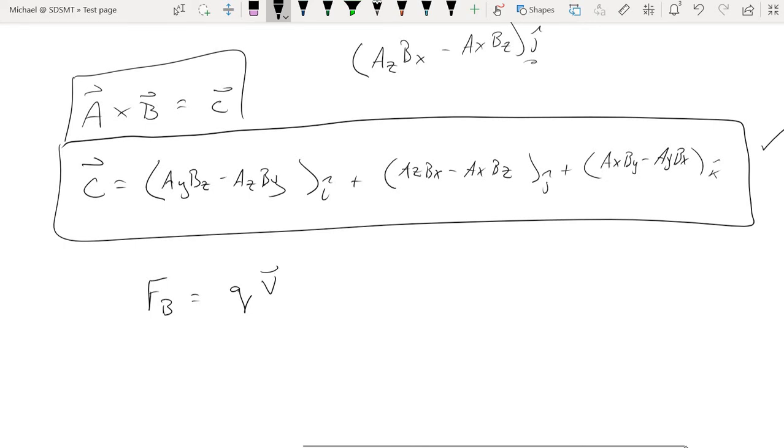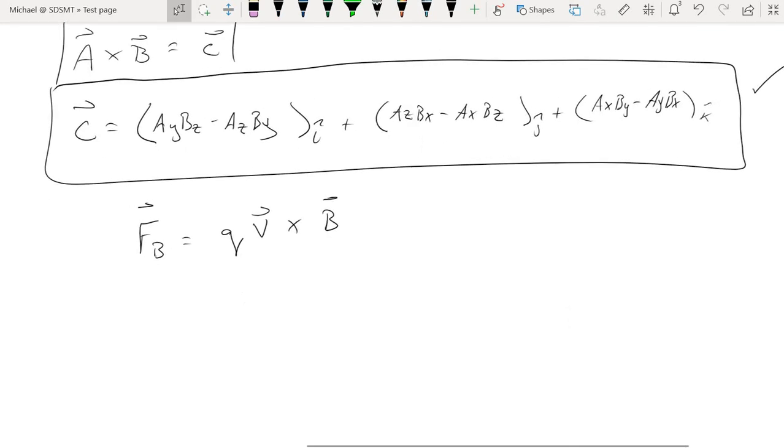And so now we can take this idea into chapter 28, which talks about the magnetic force that acts on a charged particle. That magnetic force will have x, y, and z components potentially, if it is a 3D system. And the components of that force are going to equal the scalar charge value times the cross product of vector v and vector b.